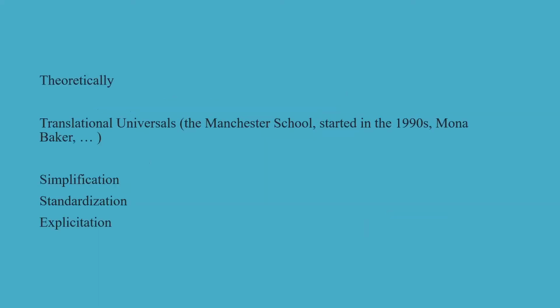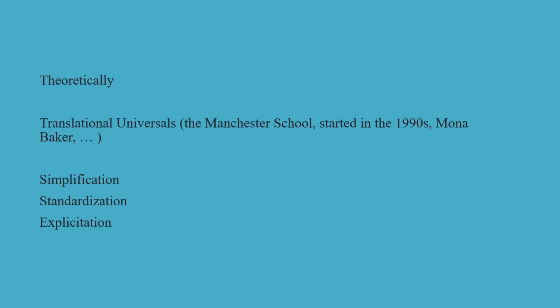Theoretically, translation universals have been found by doing corpus-based translation studies. So we use AntConc and similar tools to find the universals in translation from other languages into English. The study in this field started in the 1990s, led by Professor Mona Baker, when she was still a professor at the University of Manchester.